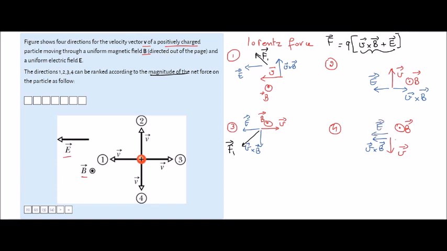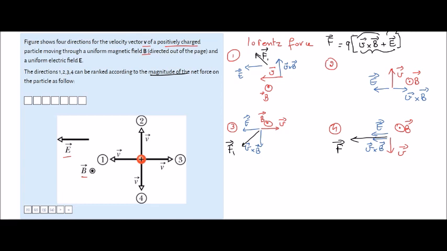Okay, so let's take this situation. V cross B and E, they will add up, right? So the force, definitively, since the charge is positive, is toward the left. We are adding V cross B plus E, two vectors. What is the magnitude of this vector?